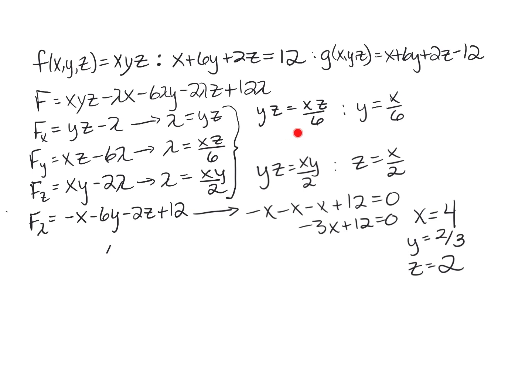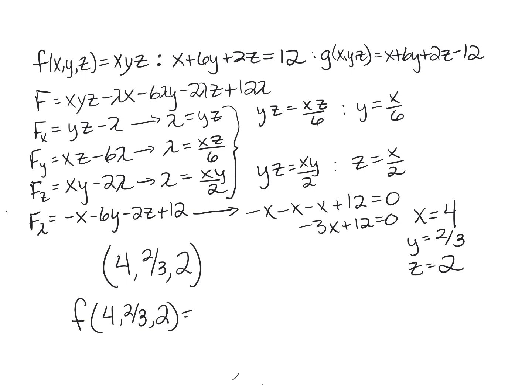Notice that we divided by these variables, so those variables can't be zeros. That gives us this critical value. And plugging it in to the xyz equation, I get 16/3, and that is a max.